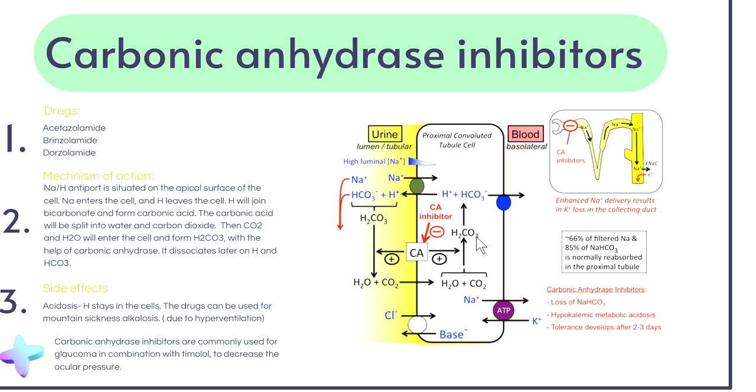Then they will get rejoined with the help of the carbonic anhydrase again. And then the carbonic acid itself is going to be split into hydrogen and bicarbonate. And later on, the bicarbonate itself is going to get reabsorbed.